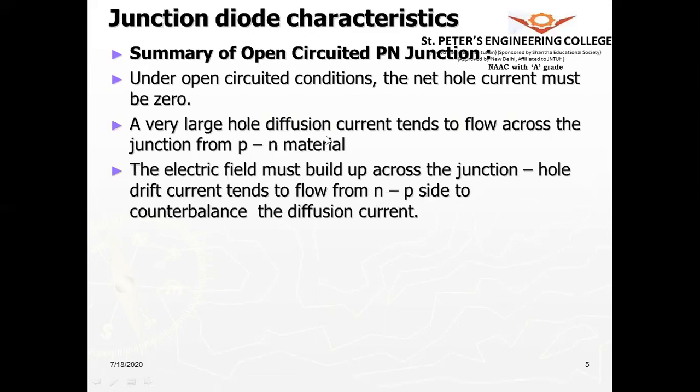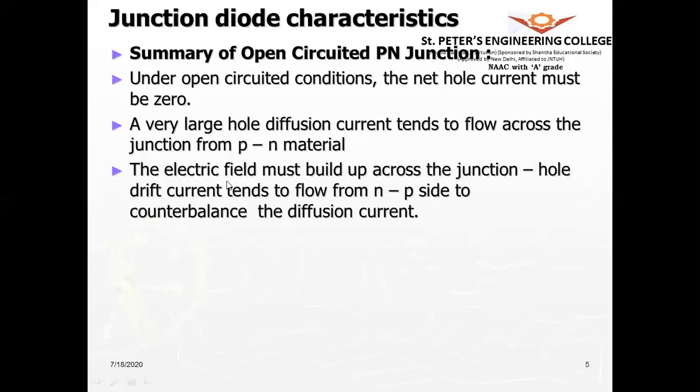So now we see that there are two kinds of current. One is the diffusion current and the other one is the drift current. Diffusion is a process of movement of charges from a highly concentrated area to a less concentrated area, and drift is because of the field that exists.